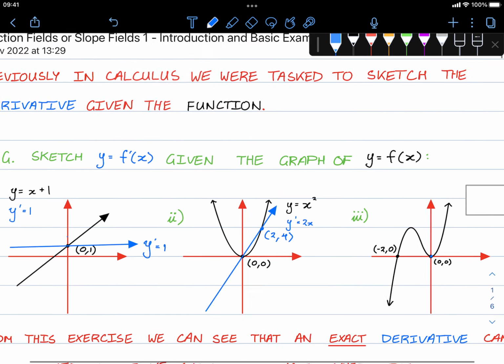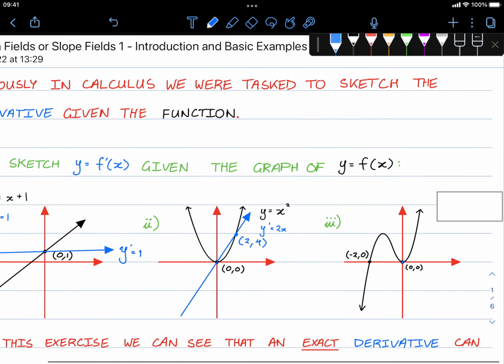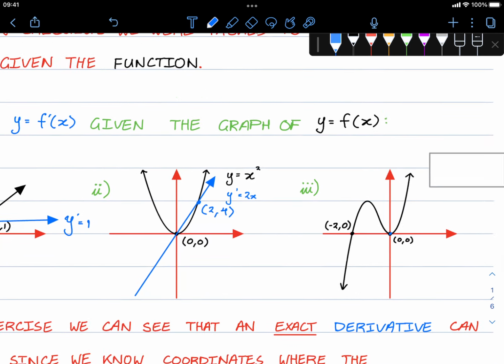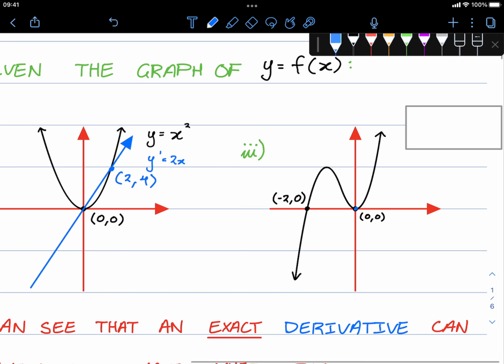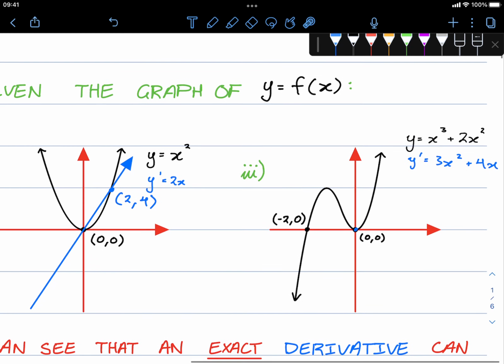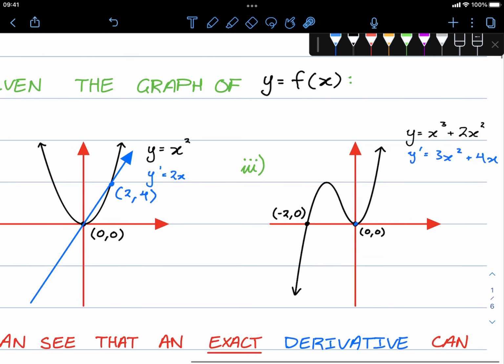And I think you get the idea, where if we know the equation of the function, we could find the exact sketch of the derivative. So in this case, we know its function, therefore its derivative would be passing through, I believe, sorry, 4/3, negative 4/3.